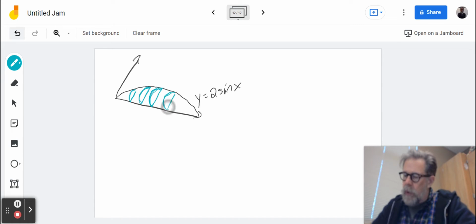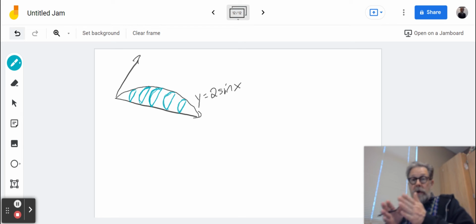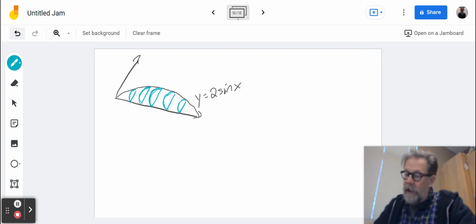The graph is y equals 2 times the sine of x, and I'm just stacking semicircle after semicircle on this graph until I completely fill it up.